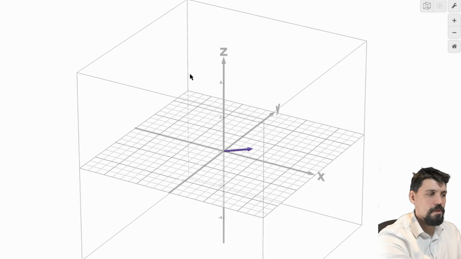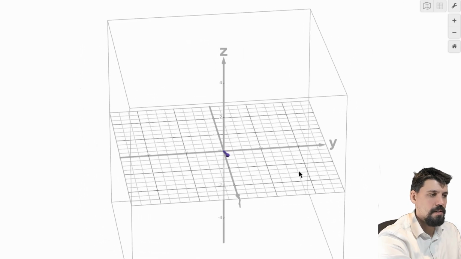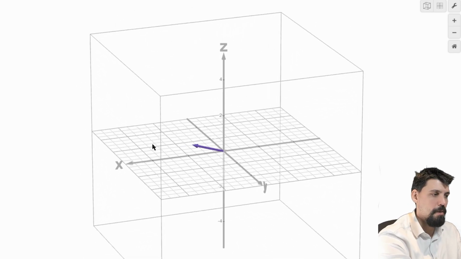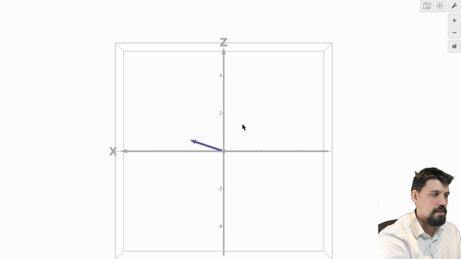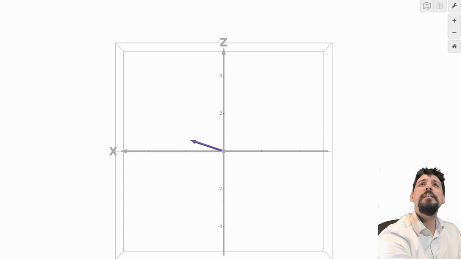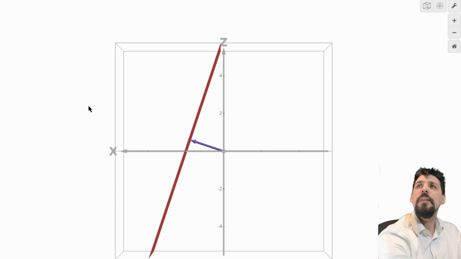So if I want to rotate around the y-axis, let's put the y-axis pointing out at us, and then let's get our plane back in. So really what we want to be doing is rotating it 90 degrees anti-clockwise.